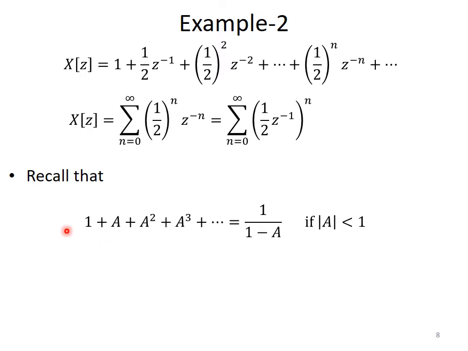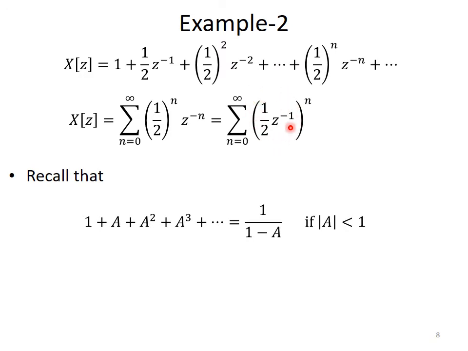So this series converges only if the magnitude of a is less than 1. Similarly, this sequence is also an infinite sequence with increasing powers, which is called a power series, and the convergence of the series is only possible if the magnitude of this is less than 1.